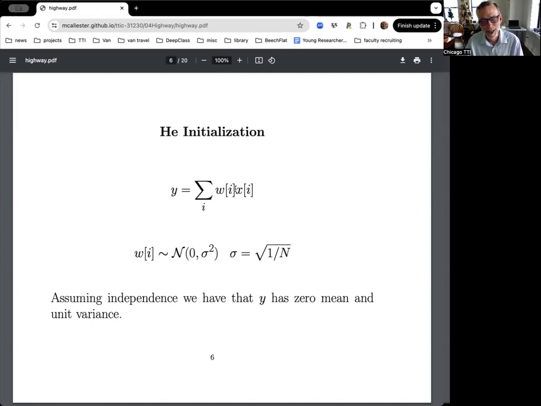So if we assume that this has mean 0 and standard deviation 1, and we're initializing this to have mean 0 and standard deviation 1 over the square root of n, the Goldilocks value for the weight, then this will have mean 0 and unit variance. So as we're going through the network, all of our values are supposed to have 0 mean and unit variance.